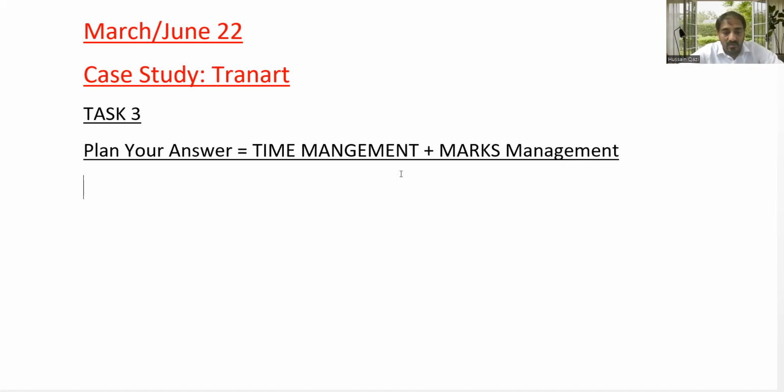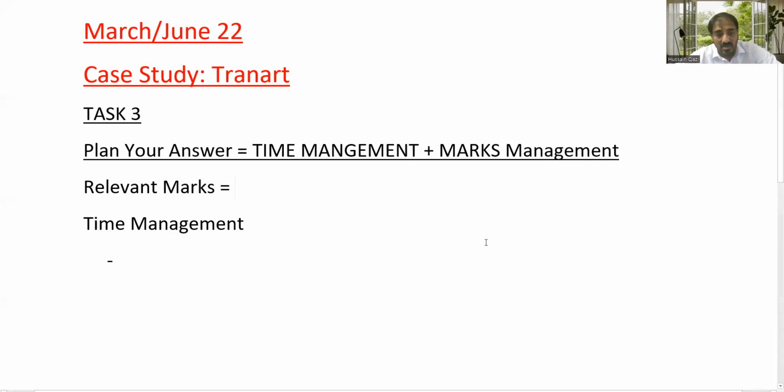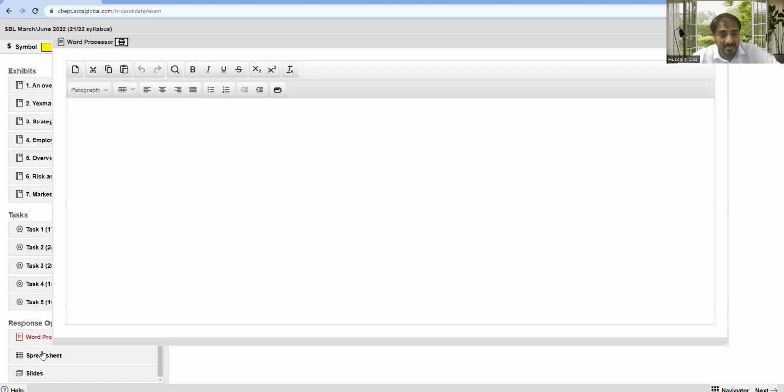For time management, what are the things you need to consider? Before starting, thinking about the management, whatever task you are attempting, identify how much the relevant marks are here.